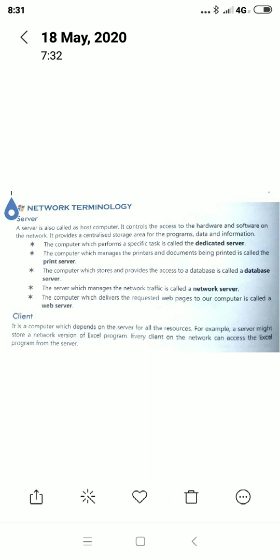The next one is the network server. It can control network traffic during the transmission of data. And the next is the web server. A web server performs the specific task of delivering data in response to a request to the host. The second part is the client.